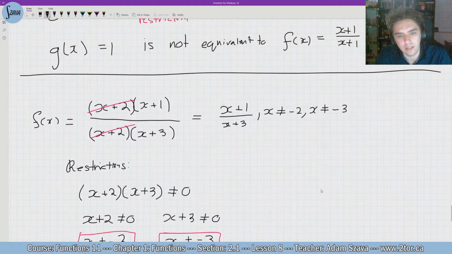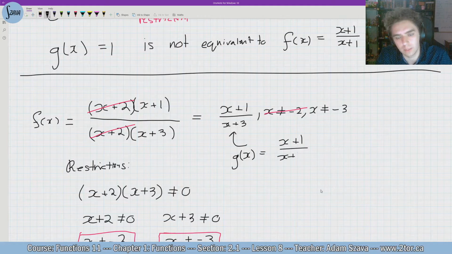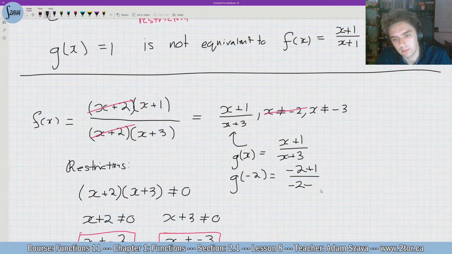But for this function here, if I didn't put this restriction, imagine that wasn't there for a second, I could evaluate this. I could define a new function, g of x, which is x plus 1 over x plus 3. Still, x can't be negative 3 because we would get a 0 on the denominator there. But I could evaluate g of negative 2. Negative 2 plus 1 over negative 2 plus 3.